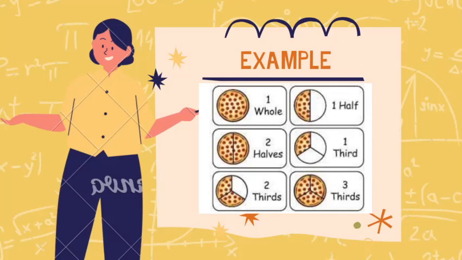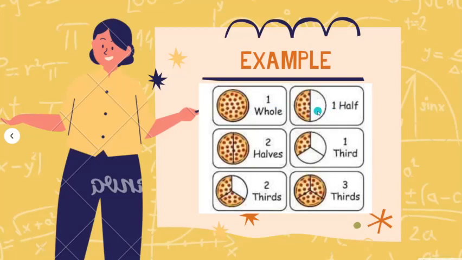So here's the example. Sometimes we represent it as a pizza for easy understanding. A whole is read as one whole.